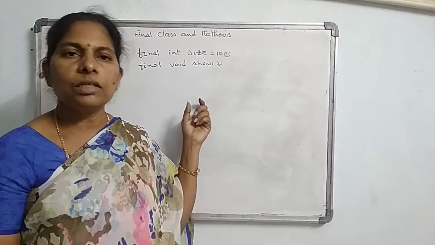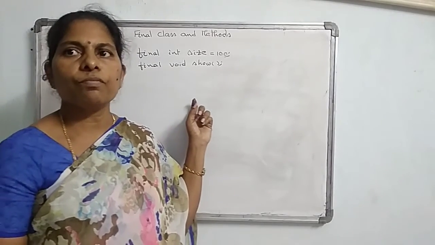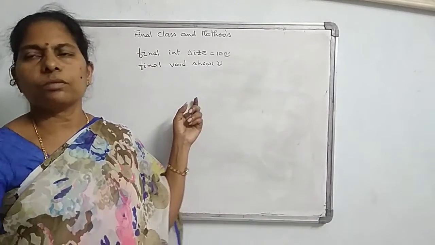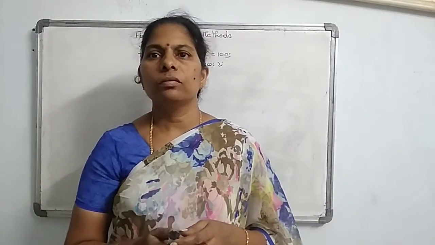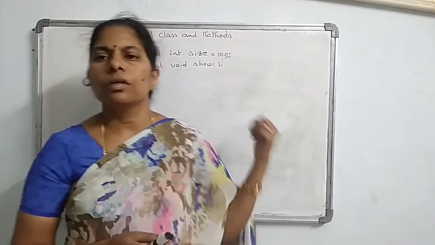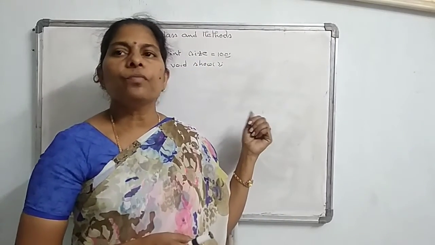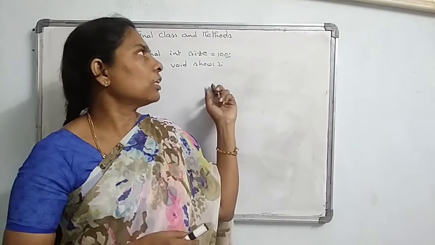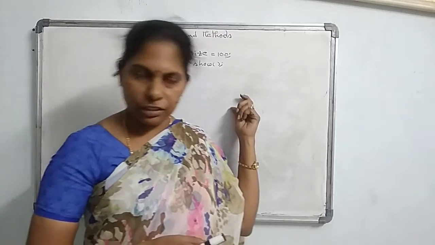The functionality defined in this method is not allowed to be overridden in any way. The value of a final variable can never be changed. Whatever value you assign to the final variable, that value cannot be changed.